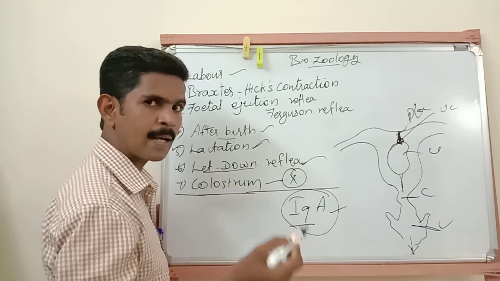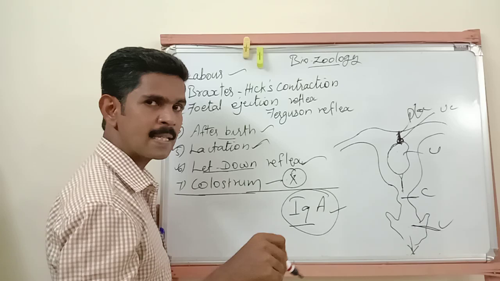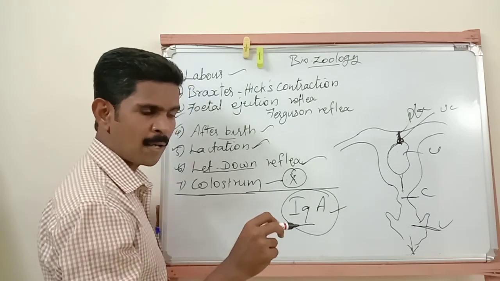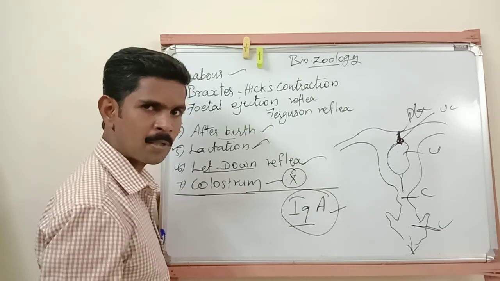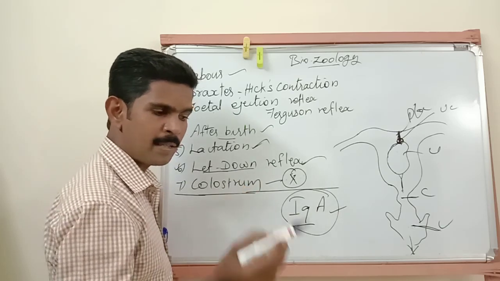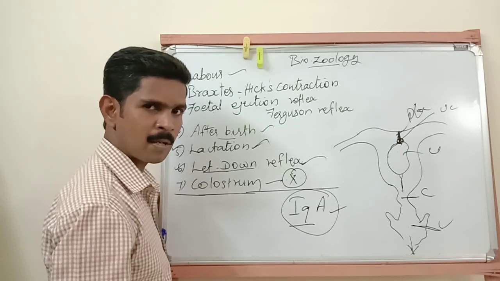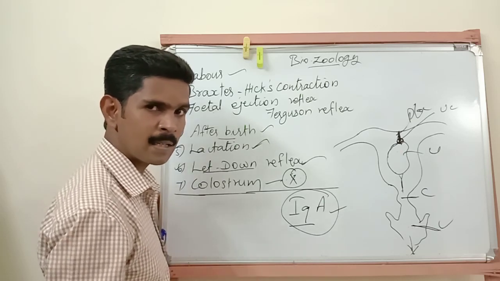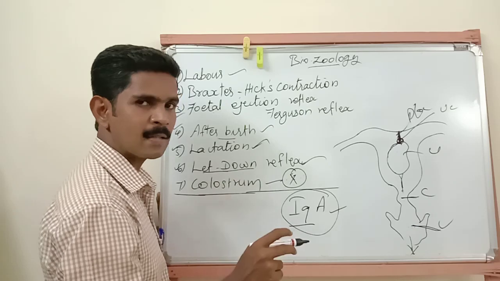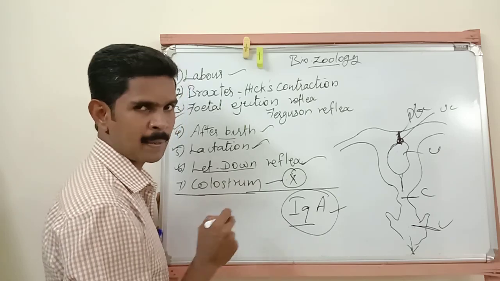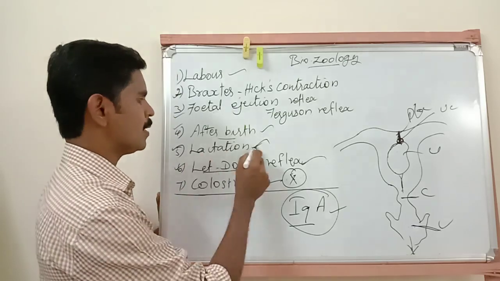Immediately the hypothalamus releases a factor called prolactin releasing factor. This factor reaches the anterior region of the pituitary gland through the blood. Immediately the pituitary gland secretes prolactin hormone. This hormone is responsible for the production of milk inside the mammary gland. That's all about lactation.